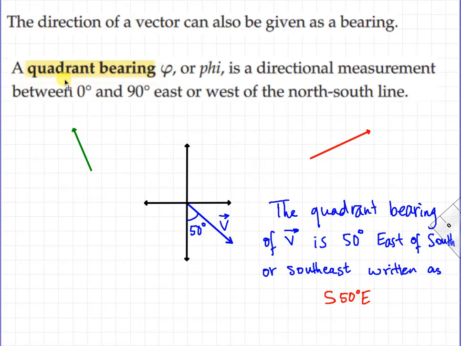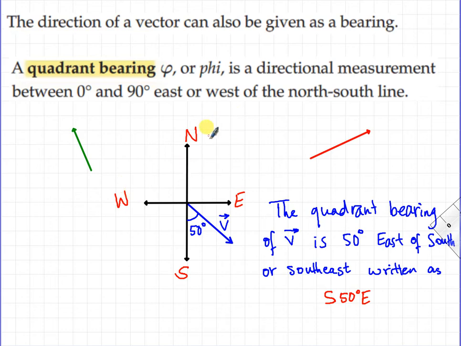A quadrant bearing, represented by the Greek symbol phi, is a measurement for the direction, and this phi is always between 0 and 90 degrees, east or west of the north-south line. So this is the north-south line. The directions here are north, east, south, west.